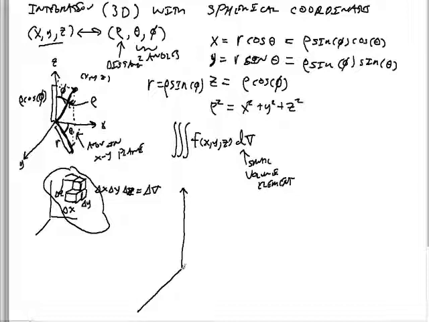So here's my y and there's my z. So what we're going to do then is say, well, what happens when I make a tiny little sweep, delta phi, and a tiny little sweep of angle, delta theta, and a tiny little change in distance, delta rho. All right, so I'm going to actually put some numbers down here for this.